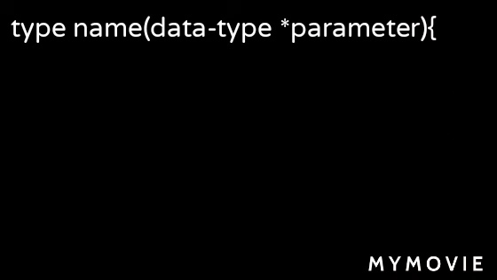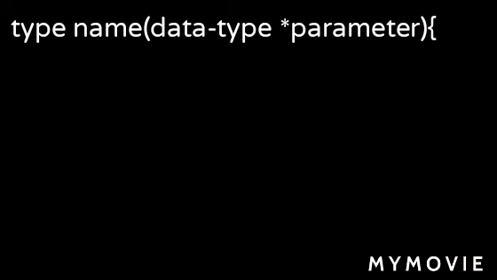The syntax of the function with pass by reference is return type, then the function name, then inside the open close parentheses is the data type, and then the parameter. But this time there's an asterisk before the parameter.